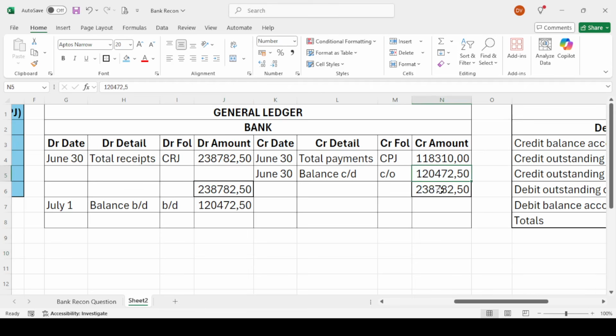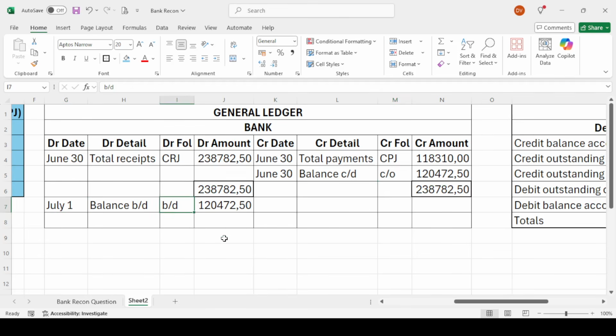It's basically 238,782.50 minus 118,310. It gives you this missing amount. And that is your balance that you're going to carry over. You carry it over all the way to your debit side. And it's the balance now, the beginning of the new month, the balance that you have brought down.